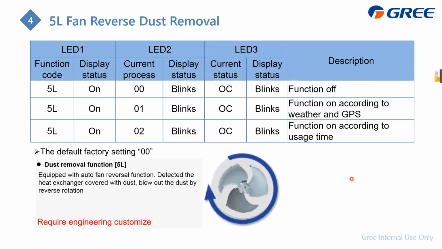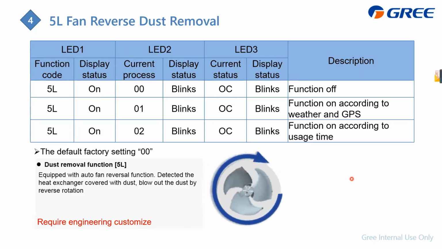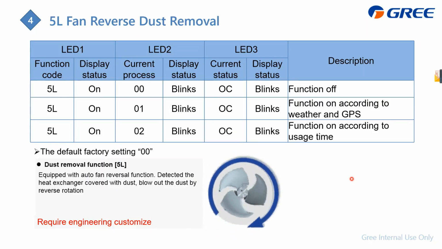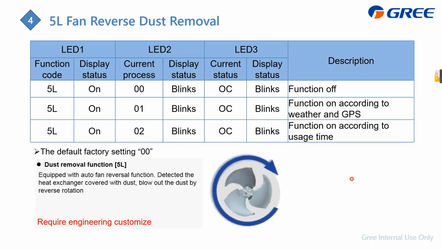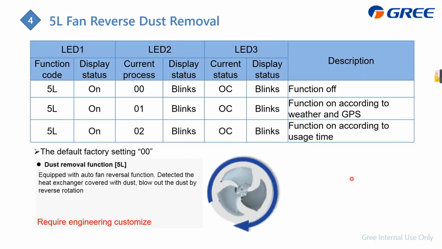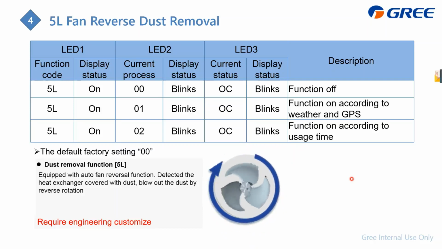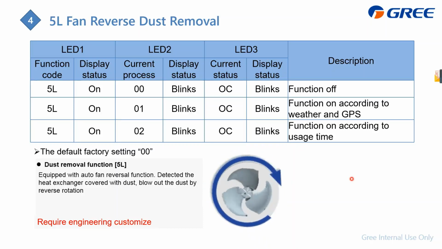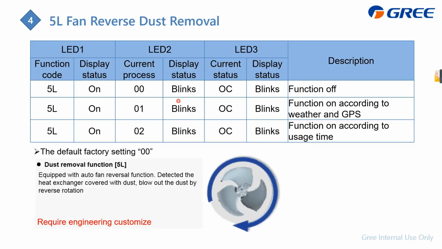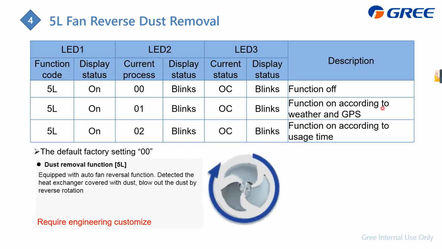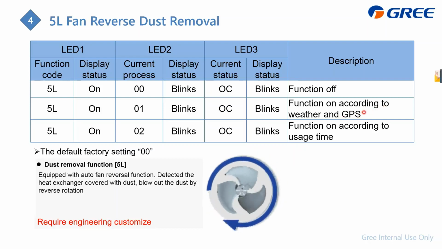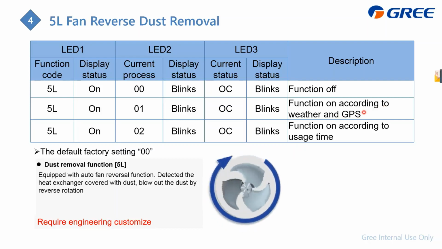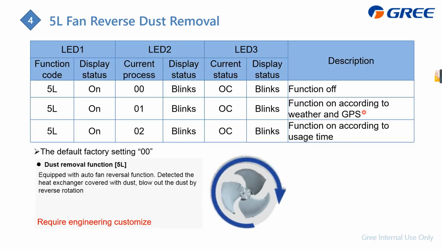And for this one, the function code is 5L, and its function is fine reverse dust removal. This function can blow out the dust in the condenser by reverse rotation. This is a new function of GMV6, and the default setting is 00, which means no function. 01 means the function is on according to the weather and the GPS. But actually this function is only available in the Chinese domestic market, not available for the overseas market.